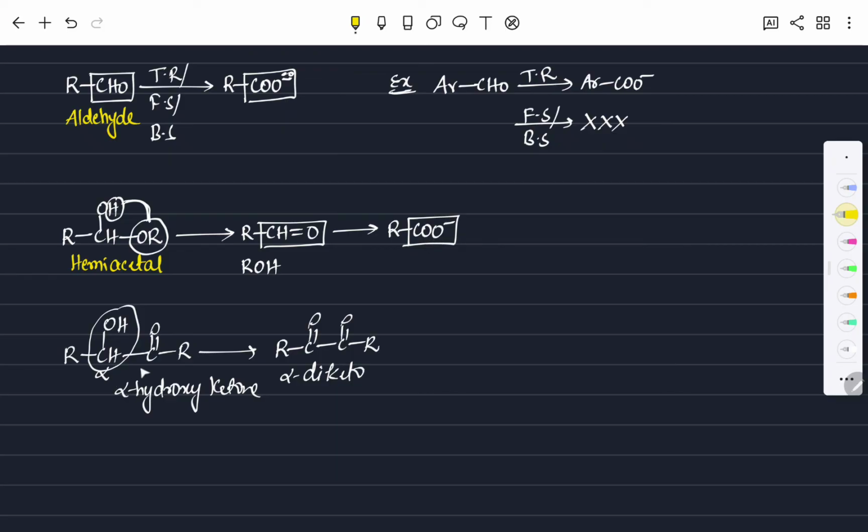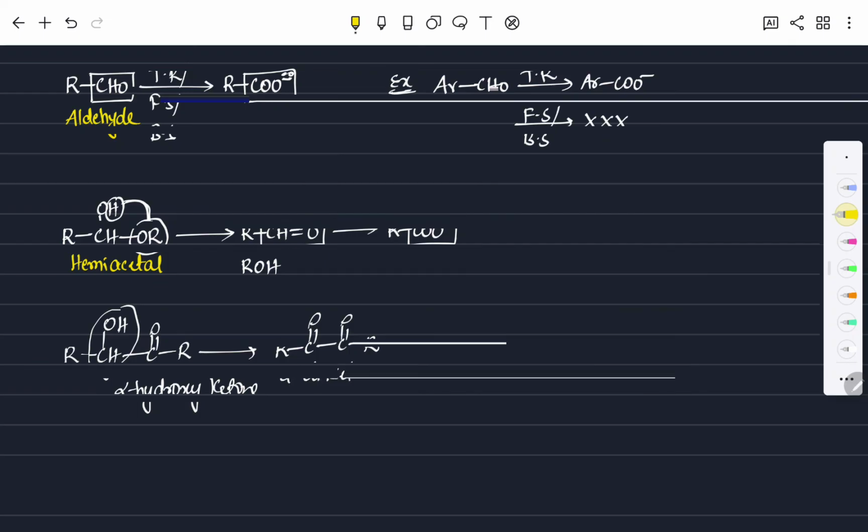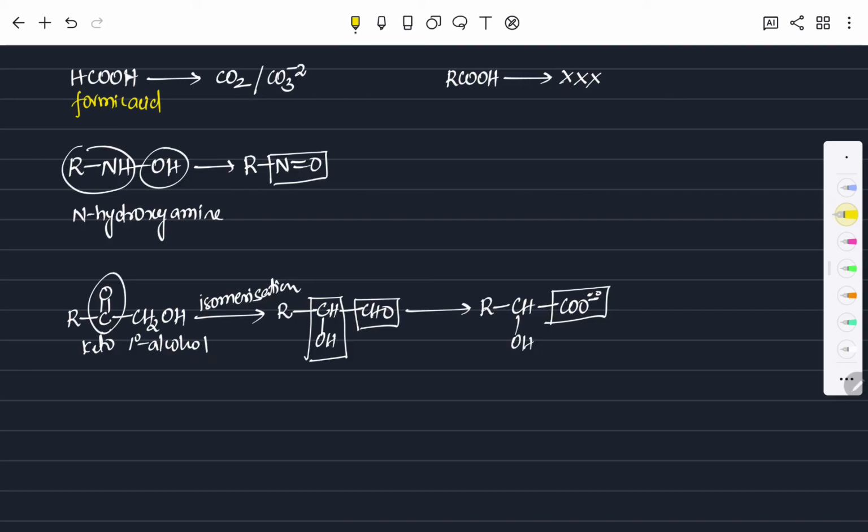Next one, alpha hydroxyketone. In the alpha hydroxyketone, alpha hydroxy converts into CO. That means alpha diketo. Next example, formic acid undergoes oxidation, CO2. In basic medium, we can write CO3 2 minus. But remaining carboxylic acids, no reaction. Next, N-hydroxyamine.